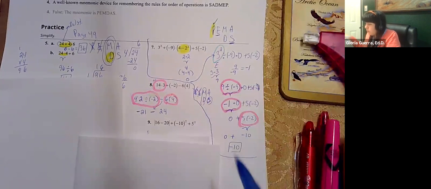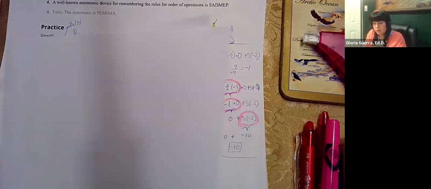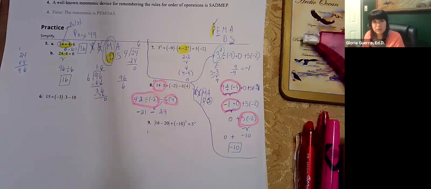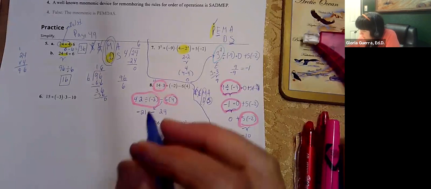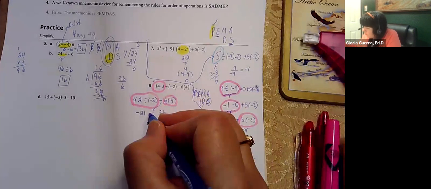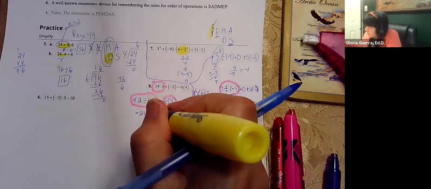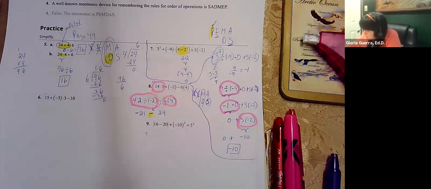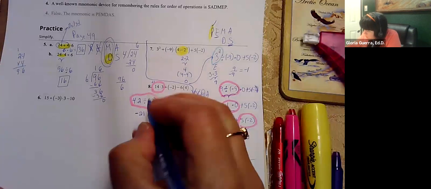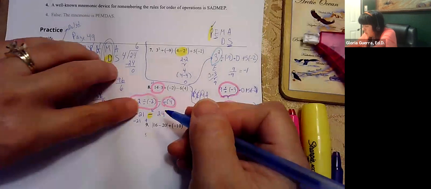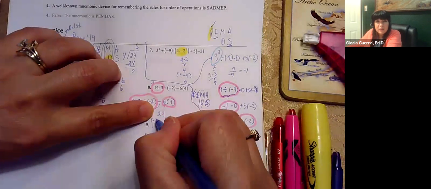And remember the rule for subtracting. If you're subtracting signed numbers, I want you to rewrite it as an addition problem. So I would rewrite this as adding the opposite. So you have -21 plus, and then the opposite of 24 is -24.